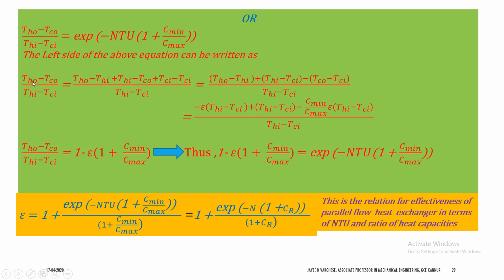We will do one thing. We will try to write in terms of something like THO. If THO is there, we should have a term with THI. So we want a term THI also here. So what we do? We subtract and add THI in this relation.